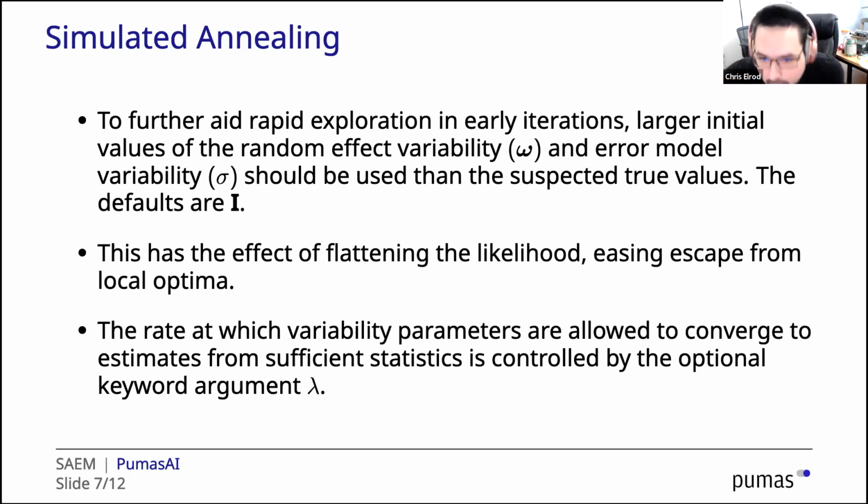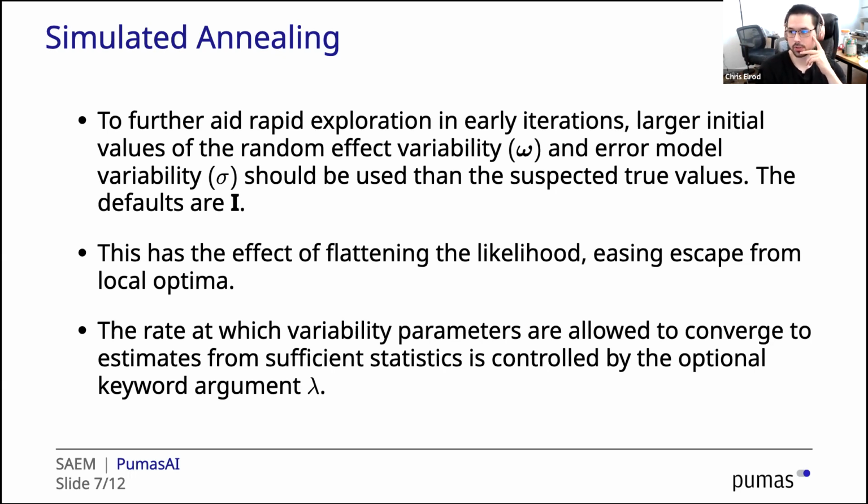Anyway, so we initialize them to 1, and then they do get updated as we sample. However, they get updated much more slowly. We have this lambda argument to SAEM, and on each iteration, the estimate for these parameters is set to basically the maximum of the estimate and lambda times the previous estimate.